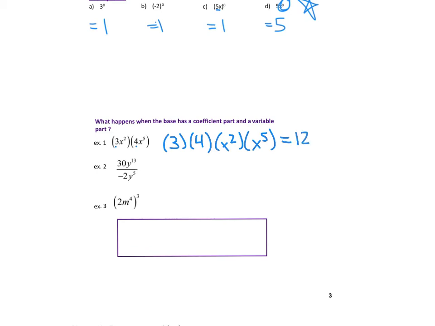For x to the 2 times x to the 5, our exponents add together, so my final answer is 12x to the exponent of 7. I always recommend working with the coefficient first, then the exponent. Just work in that order.